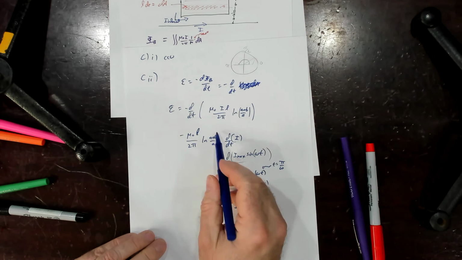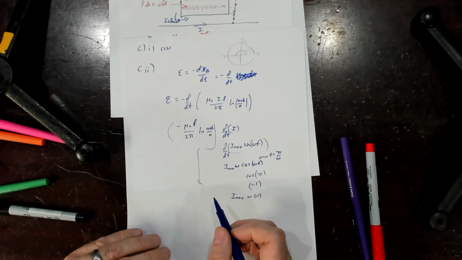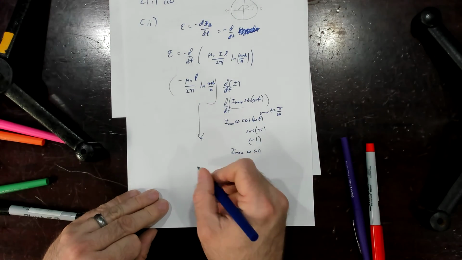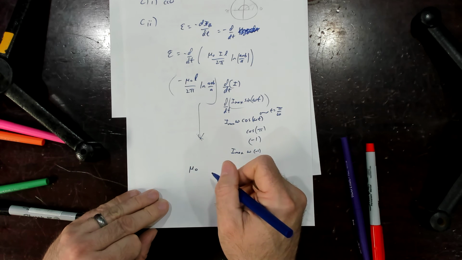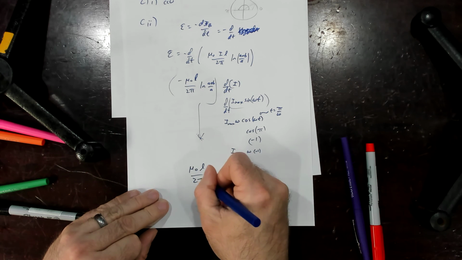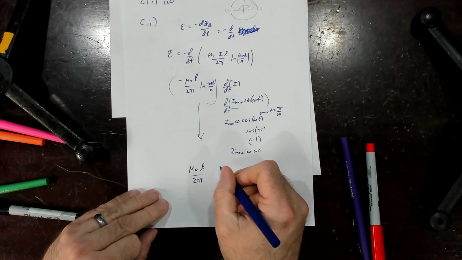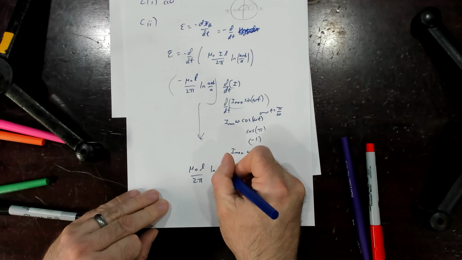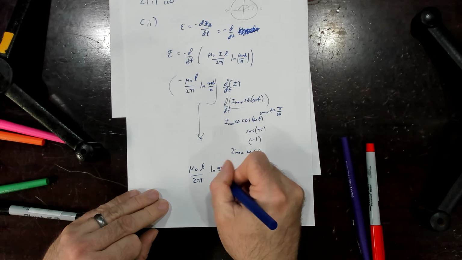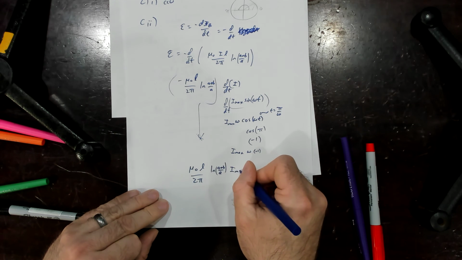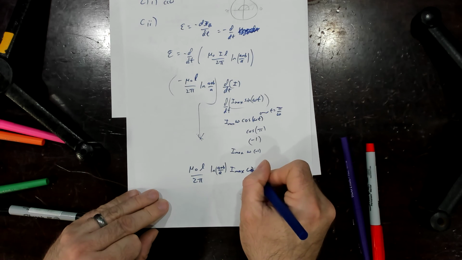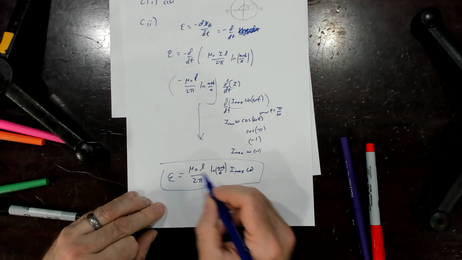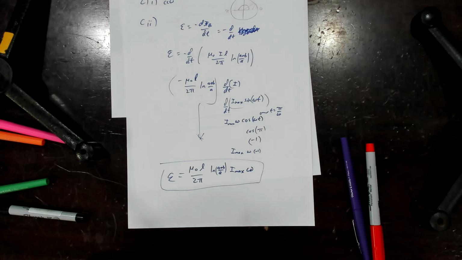And I still have this bit in front coming down. This negative and that negative are going to cancel each other. So I'm going to get mu naught L over 2 pi, natural log of A plus B over A, and I have this I max omega. The order I put these in is not so important. All right, and that is going to be my answer for the induced EMF at that time. Okay, and that's the free response.